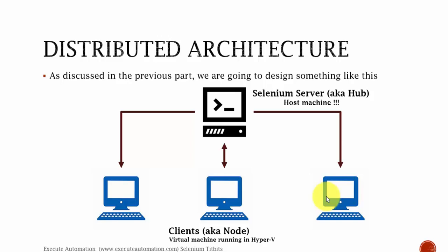Today, we're going to run this test on both the host machine and the guest machine, the hub as well as the node. I'm going to execute the same test in different machines at the same time, in parallel, which is so cool, right? That's what we're going to do today.